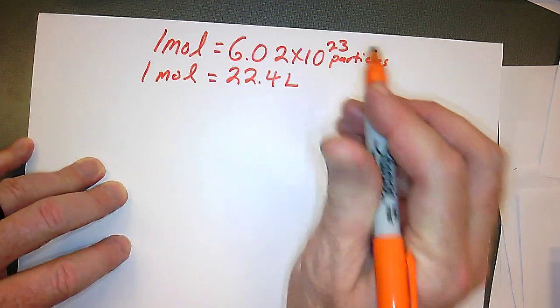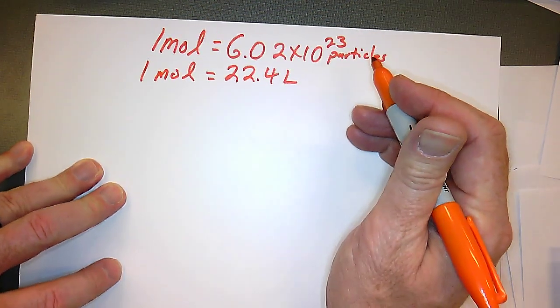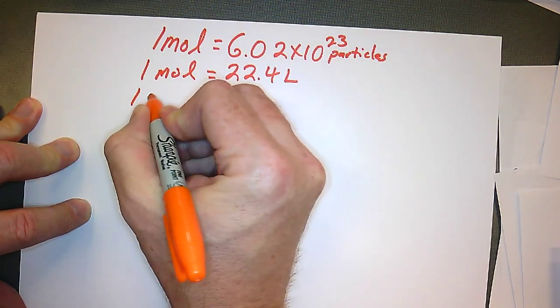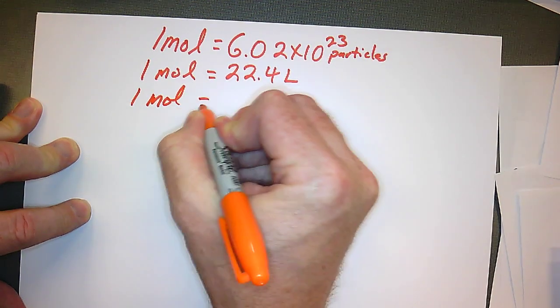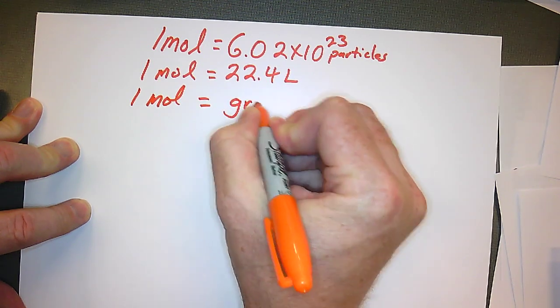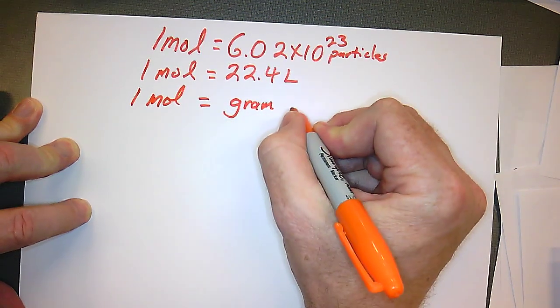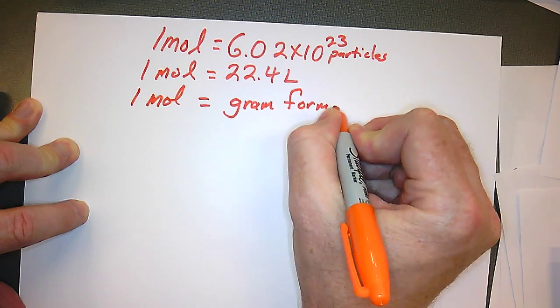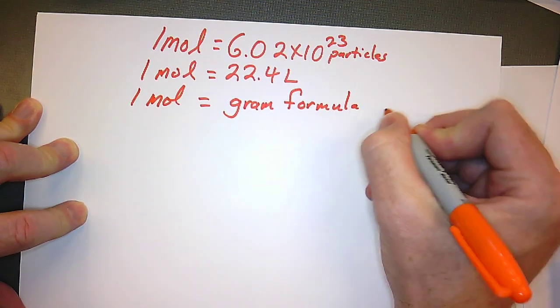Now, the only one that changes due to the compound we're dealing with is when we're going from moles to grams. And with grams, it'll be the gram formula mass. That's one way we call it. Or the molar mass.